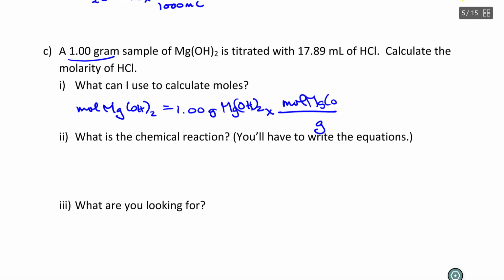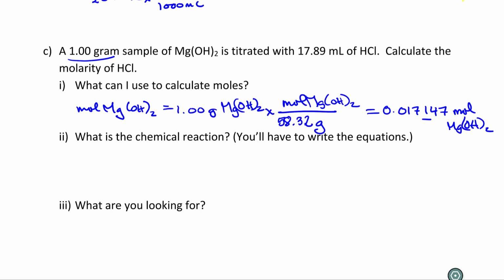But it's MgOH2 like this, and if you use the app or look it up, what you're going to end up with is 58.32. Okay, so I'll run that on my calculator, and that gives me 0.017147, and I only have 3 sig figs, so that's to there, moles of MgOH2.